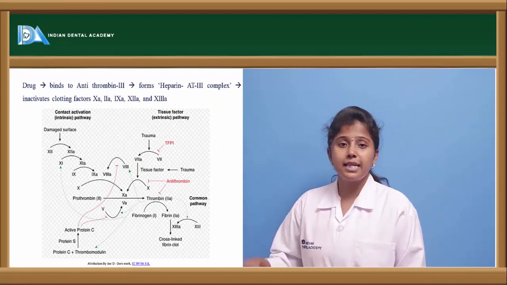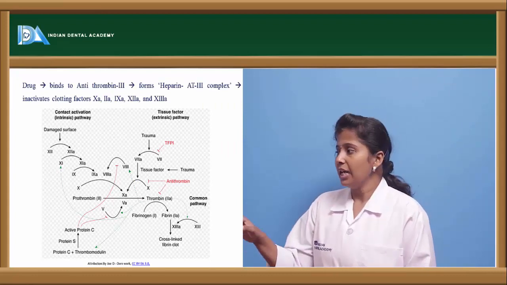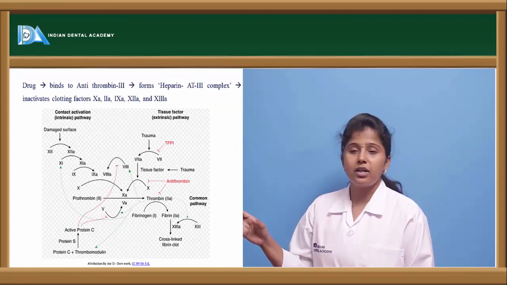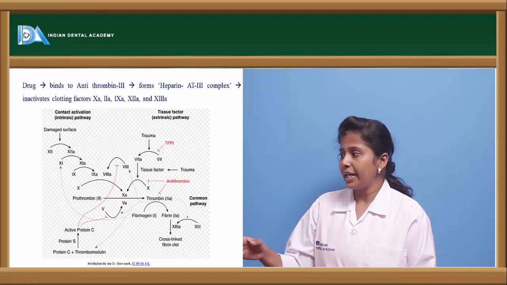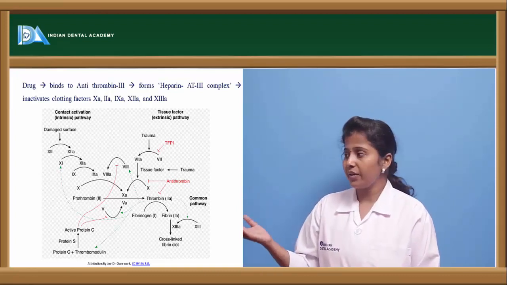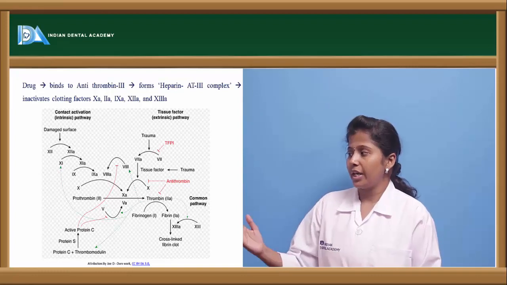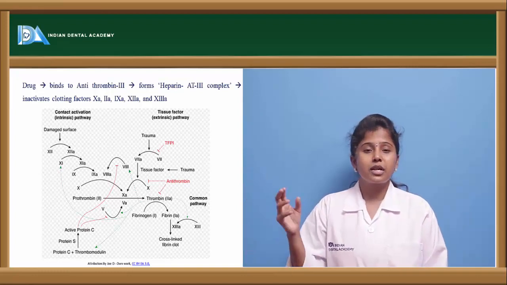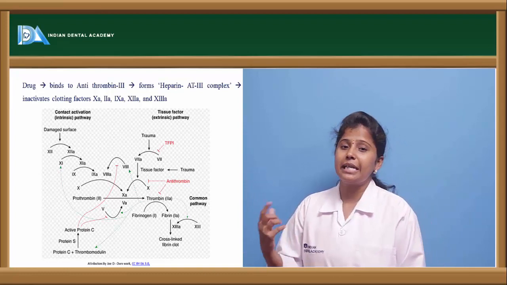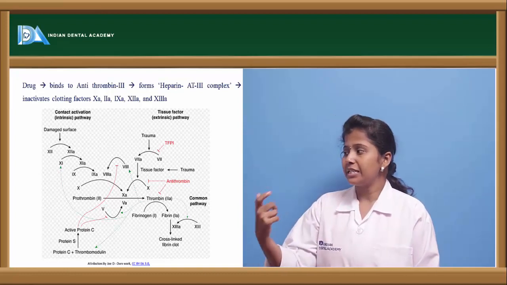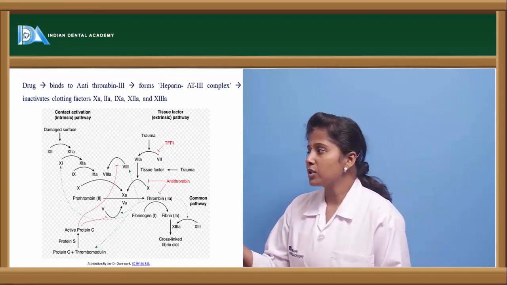So here we can see the coagulation cascade pathway. Here factor 13 is converted to 13A, then 11 is converted to 11A, and 9 is converted to 9A. So here the clot formation occurs in two pathways, the extrinsic pathway and the intrinsic pathway. The extrinsic pathway occurs because of the tissue factor.